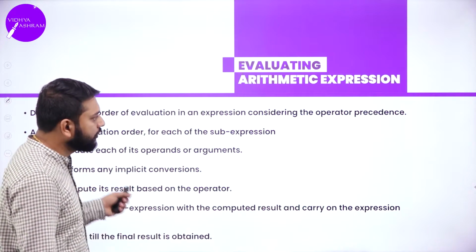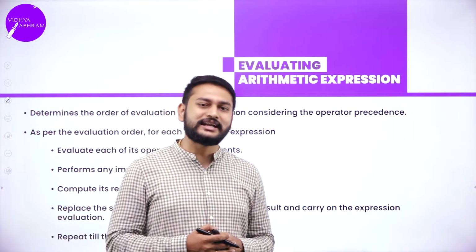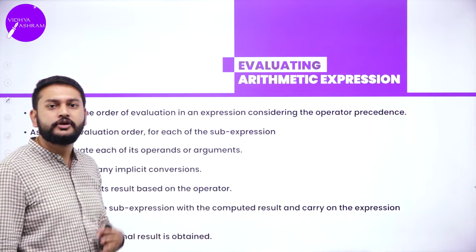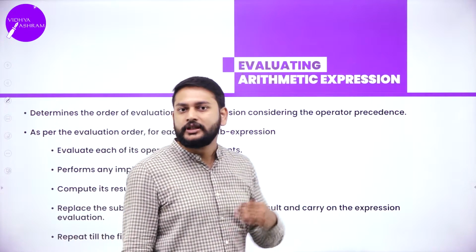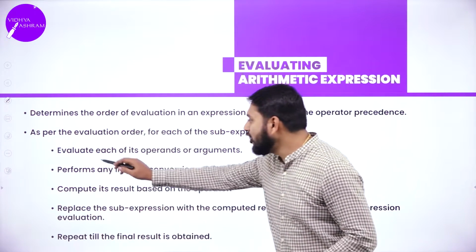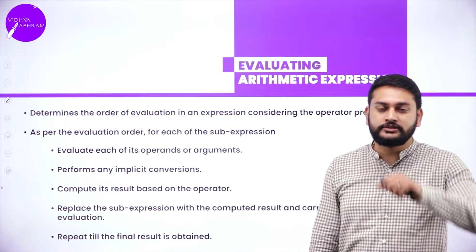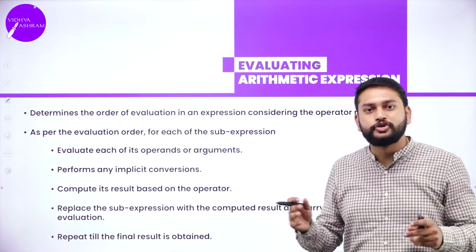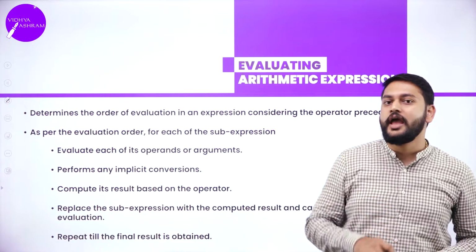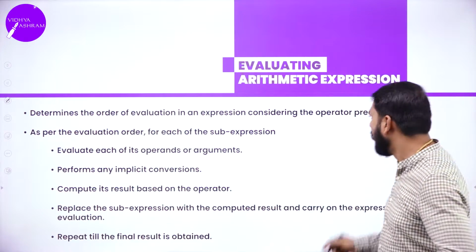So when it comes to the arithmetic expression, how exactly the evaluation will happen, let us understand that one by one. You all know about this, but I would like to explain that step by step. Let's understand what exactly the first point says. Evaluate each of its operands or arguments. Whatever operands you have will be evaluated inside the expression. First, it will evaluate all the operands. What is the meaning of operand?